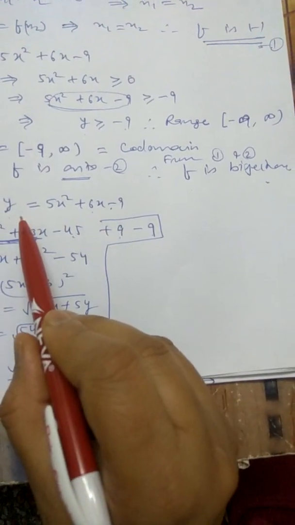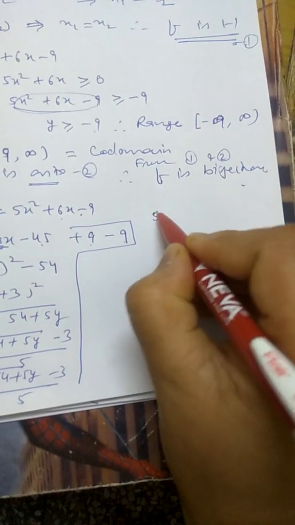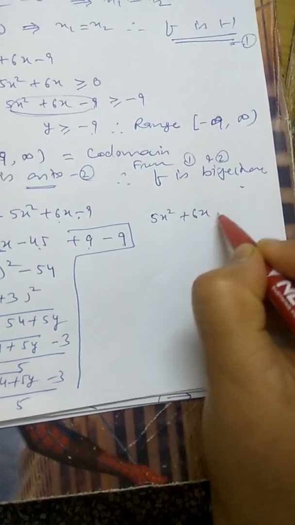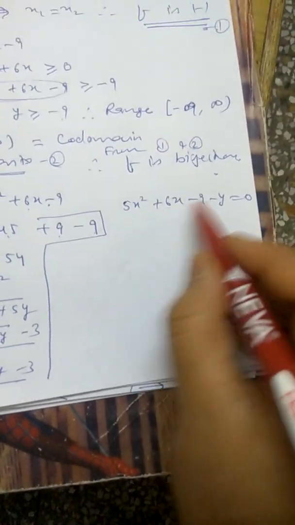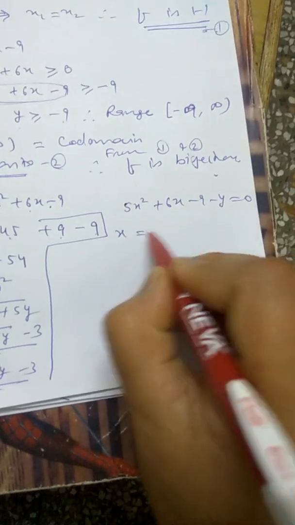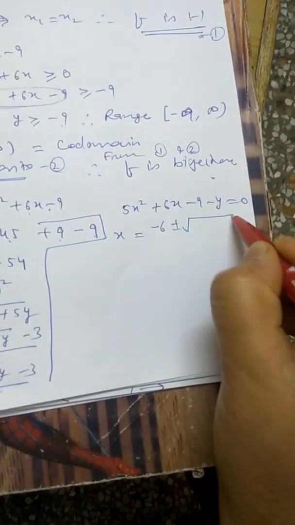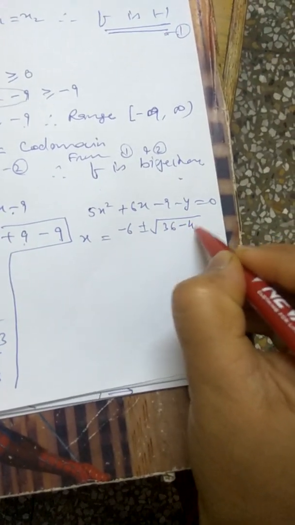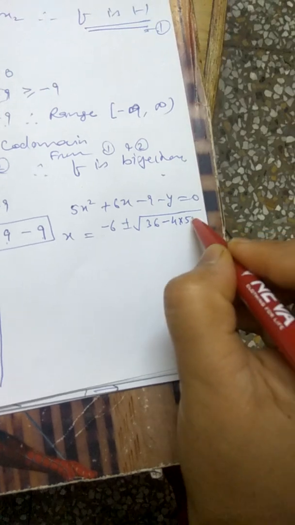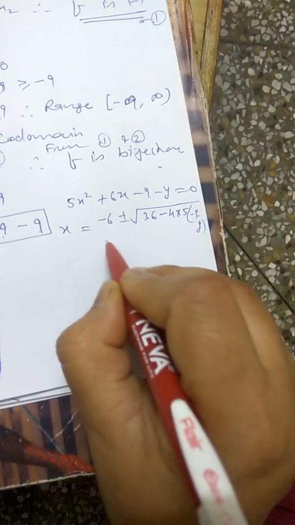Find x in terms of y by using the quadratic formula. 5x² + 6x - 9 - y = 0. By the quadratic formula, x = (-6 ± √(36 - 4·5·(-9 - y)))/10.